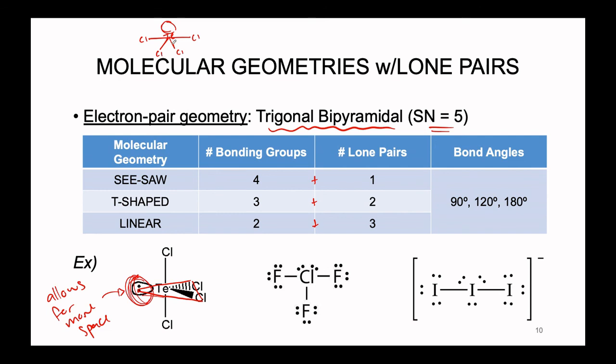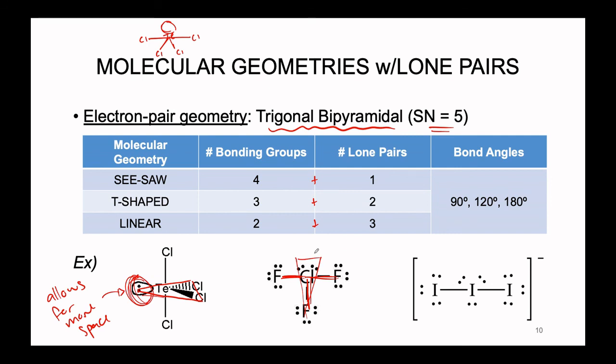All right, the T shape is the shape that arises when we have 3 bonding groups and 2 lone pairs on the central atom. So we can see there are 1, 2, 3 bonding groups forming a T, and the 2 lone pairs are present up here on top. Both of these lone pairs are in the trigonal equator again, because it allows them more space.